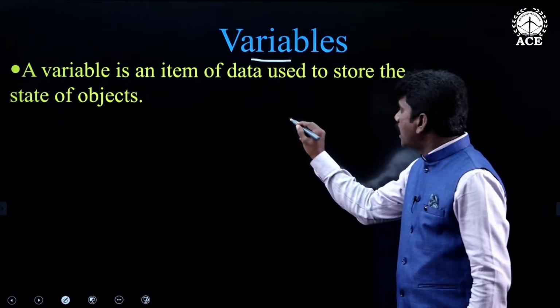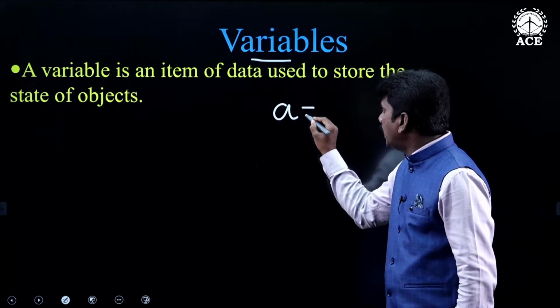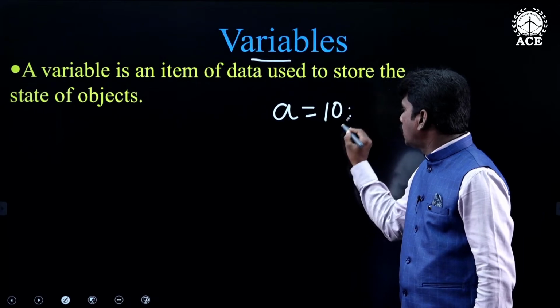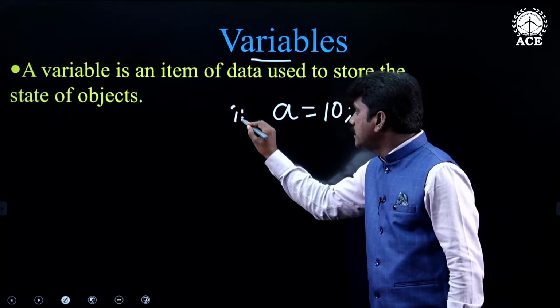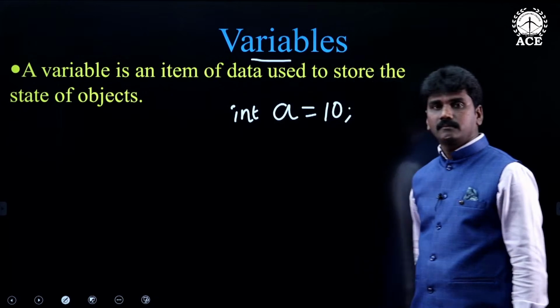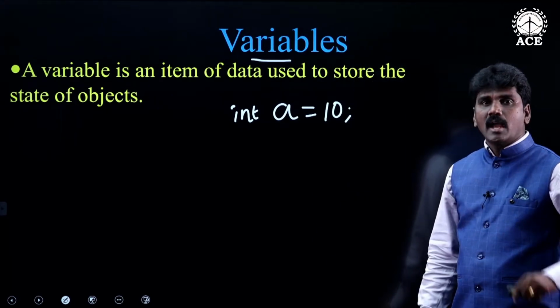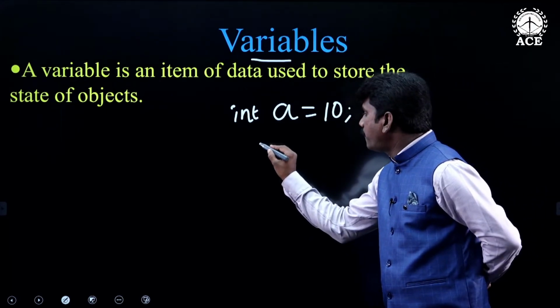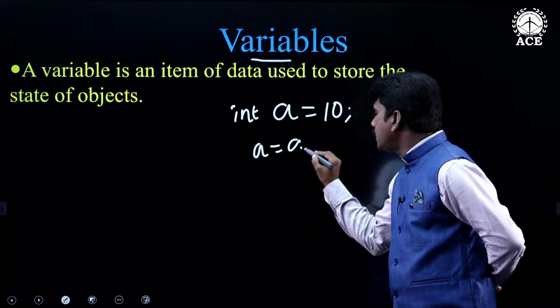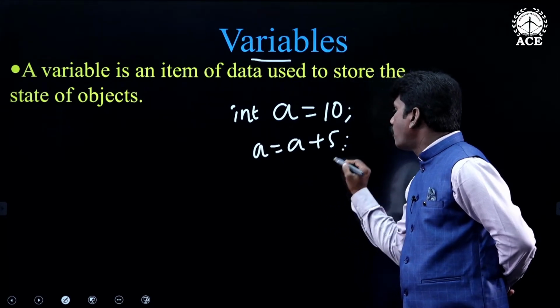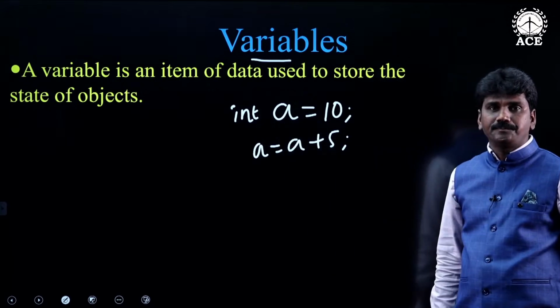Suppose I have one variable a of integer type: int a is equal to 10. After some time, I perform one operation: a is equal to a plus 5. What is our a value now?